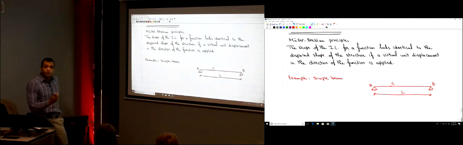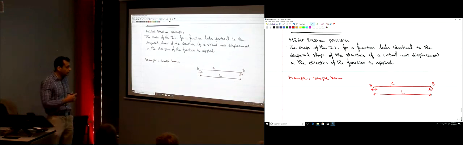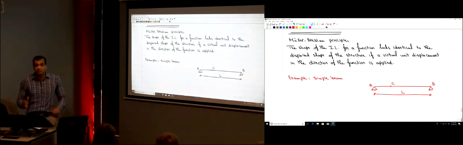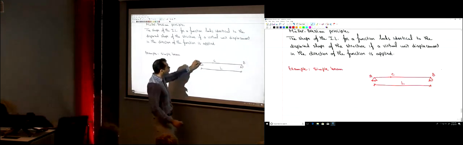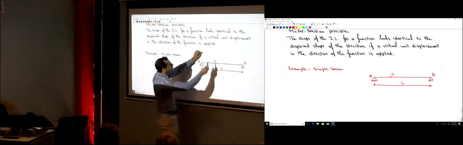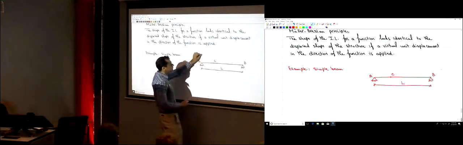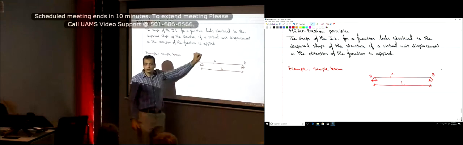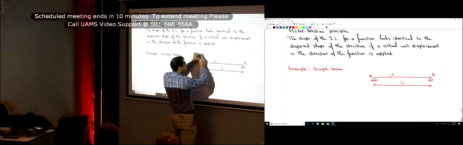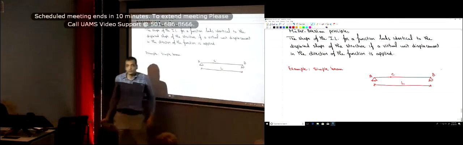So I'm just going to put a unit vertical displacement at point A, and displace the beam. Let's say now you want to move this point 1 unit displacement vertically. How would the beam look like? Like this. Right? You still have this support. So the beam will just get inclined like this, right?